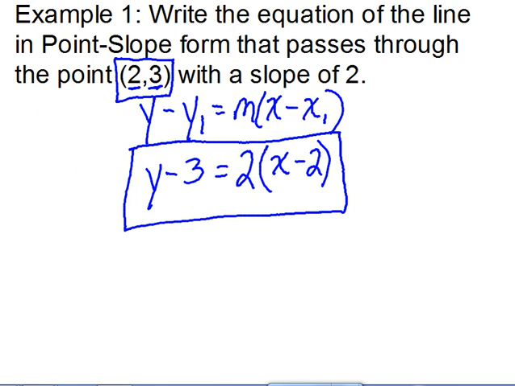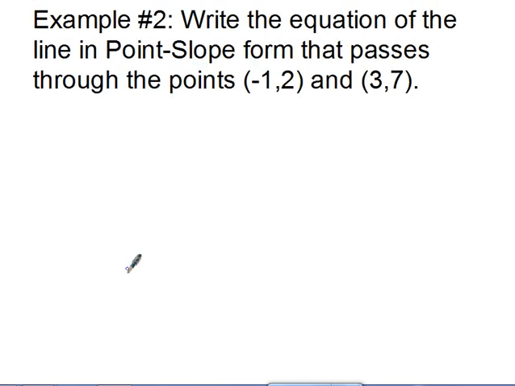All right, let's step it up a notch and get a little more complex example. Let's write the equation of the line in point-slope form that passes through the points (-1, 2) and (3, 7). In order to write the equation in point-slope form, I need a point on the line, which I have because I know two different points, and I need the slope. That's a little more challenging because now we have to find the slope first.